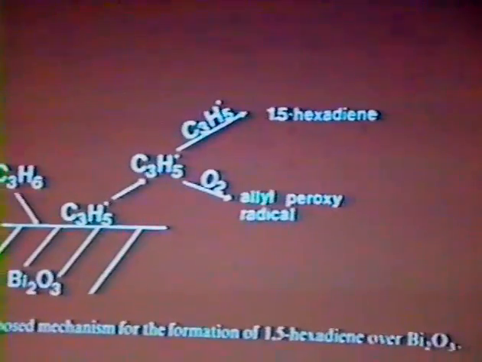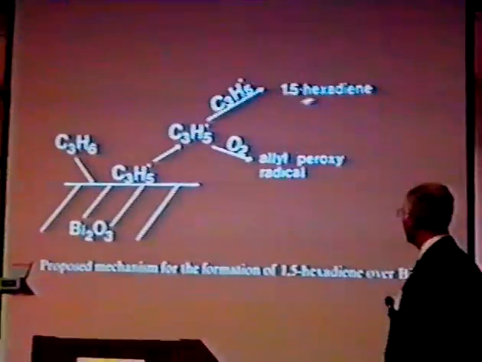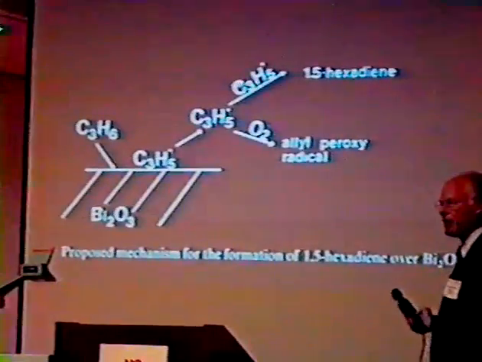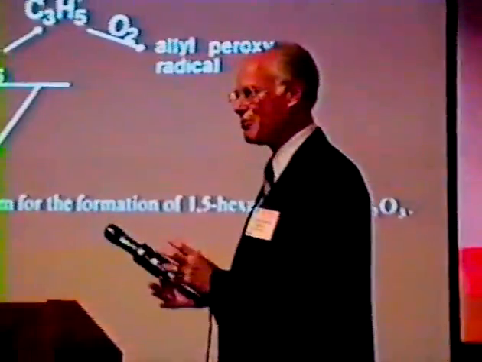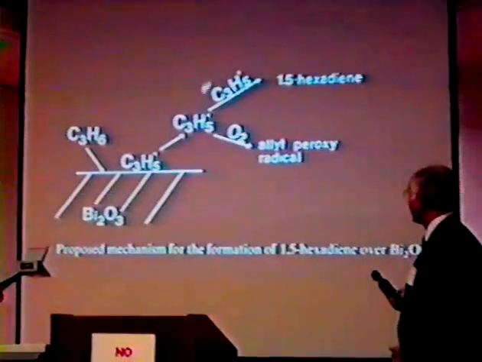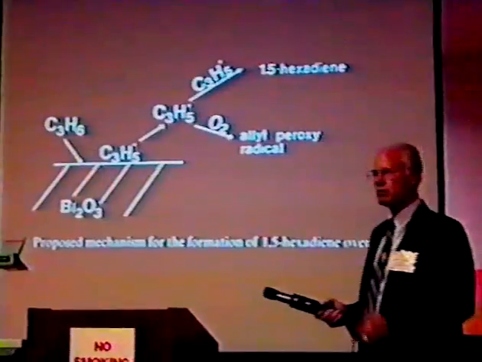Now, when we began to look at the stable products that are formed, we found that over bismuth oxide, the primary stable product is 1,5-hexadiene. And 1,5-hexadiene is just the stable product that would result from the coupling of two allyl radicals. On the other hand, over bismuth molybdate, which gave relatively few allyl radicals, the primary product was acrolein.